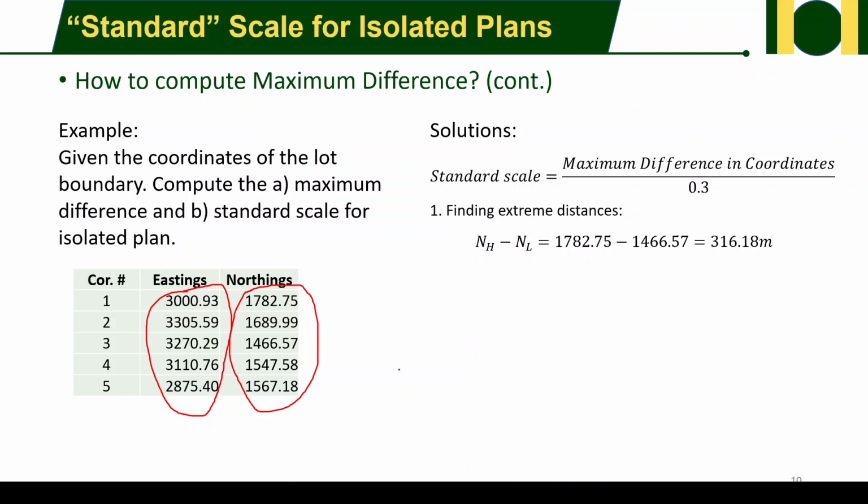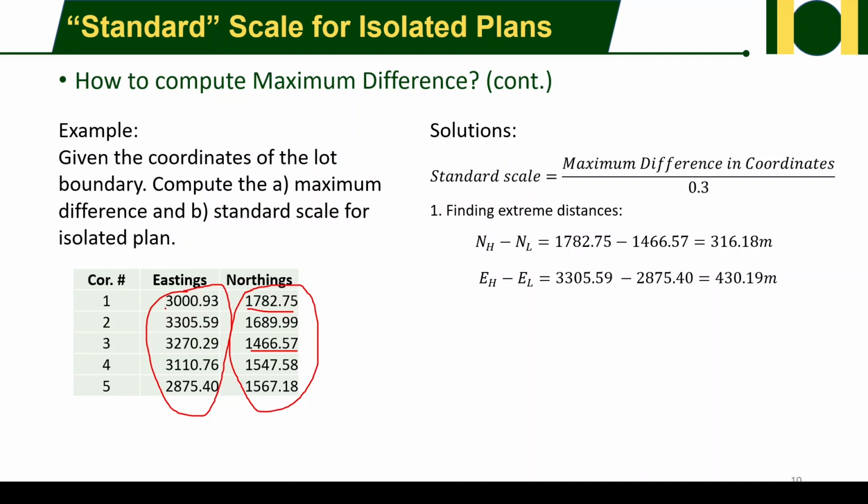For northings, the highest value is 1782, and the lowest value is 1466.57. Substituting the values, the difference would be 316.18.